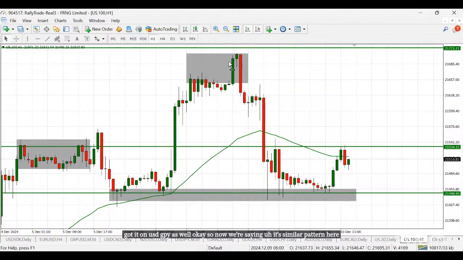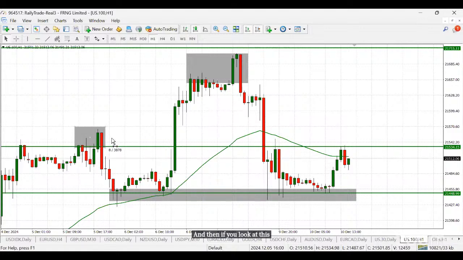So here we have the head, and if you look at this part of the chart, you can treat this as the left shoulder right here. And here would be the right shoulder.